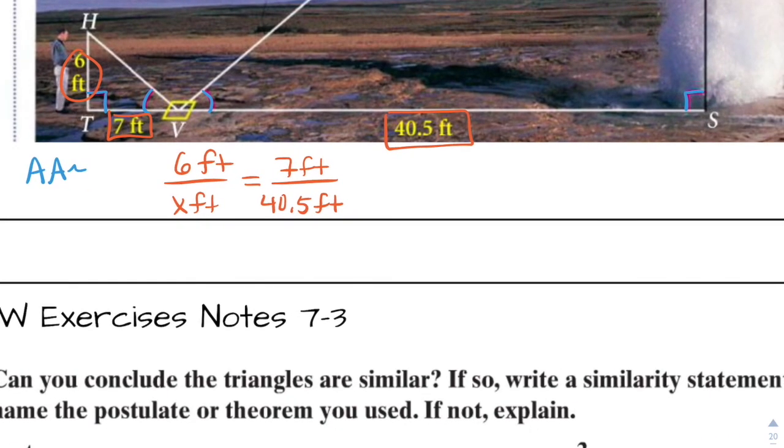From here, we're going to find our cross products. So 7x equals 6 times 40.5, which is 243. Divide both by 7. So 243 divided by 7.